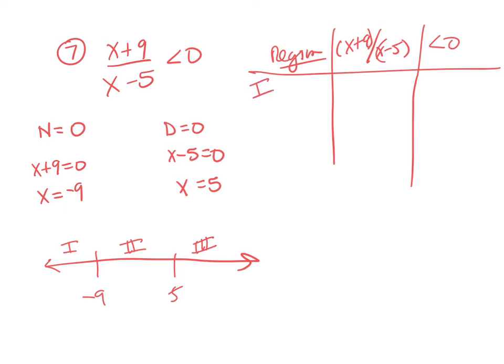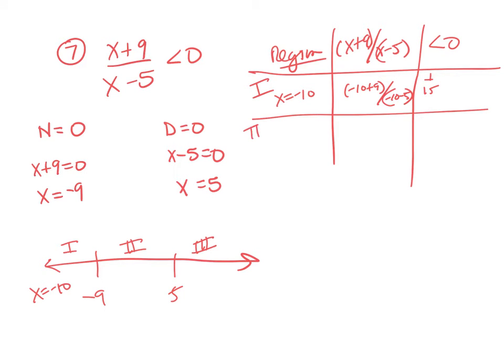So in region 1, we could pick negative 10. So we have negative 10 plus 9 all over negative 10 minus 5. So that's going to be negative 1 all over negative 15. So it's a positive 1 over 15.